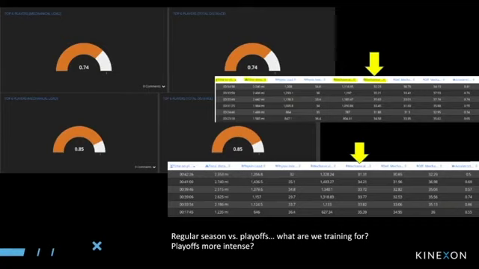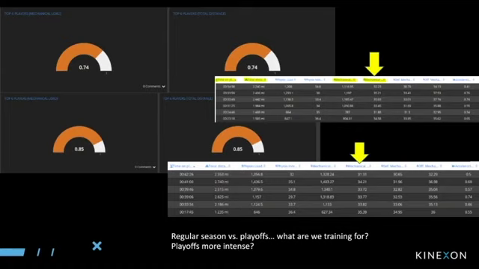And then if I want to play at a higher intensity and maintain that intensity, I need to prepare for that. Is that in practices? Is that in playing guys at games and trying to keep the pace up that you want? Yes. So there's different ways to do it, but that's what this data is going to help us understand. And we look at, what is our ultimate goal in the playoffs?